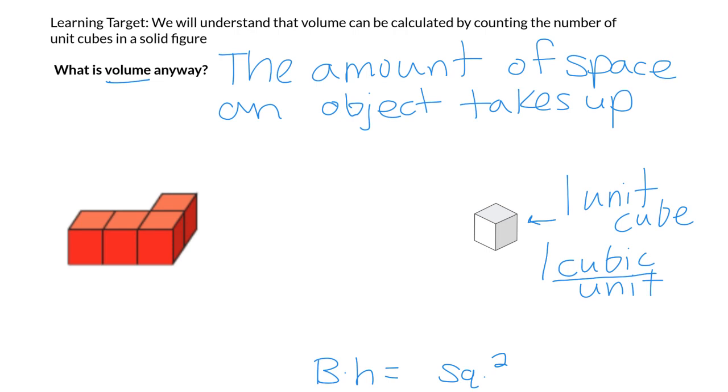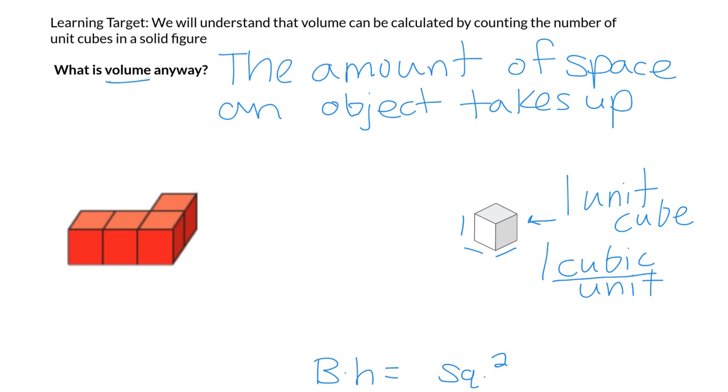When we are talking about volume, what we're going to do to find volume is we are actually going to be multiplying 3 dimensions, a length, a width, and a height. So that is why we've been talking about these figures as 3-dimensional solids.